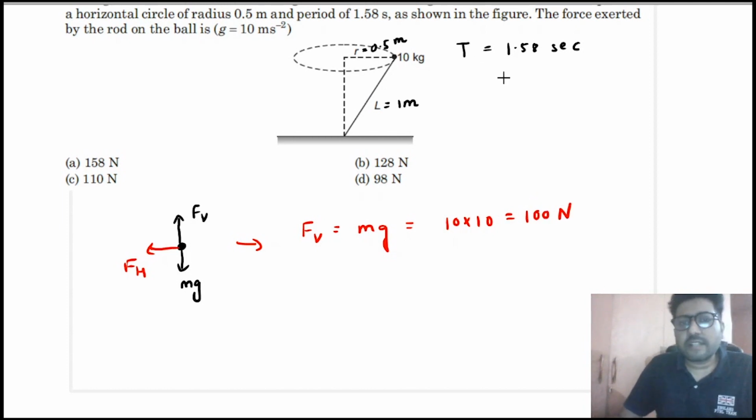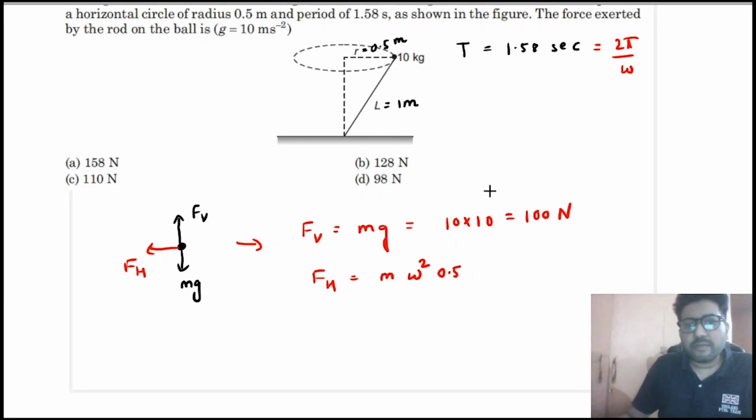Now because the time period is given as 1.58 seconds, you can write this as 2 pi by omega. So the horizontal force is providing the centripetal force for the circular motion of this ball, and you will say that the horizontal force is equal to m omega square r, and the radius is 0.5 and the mass is 10.